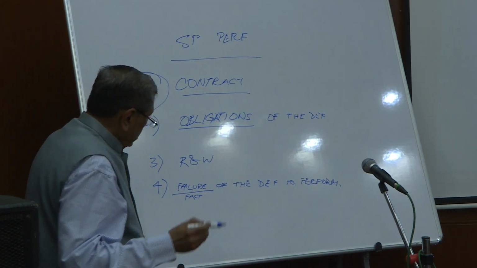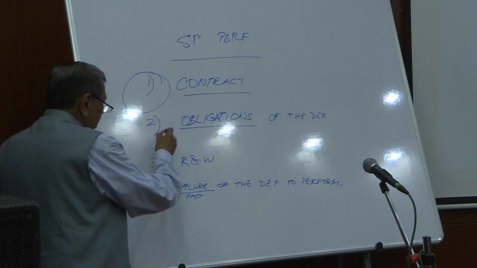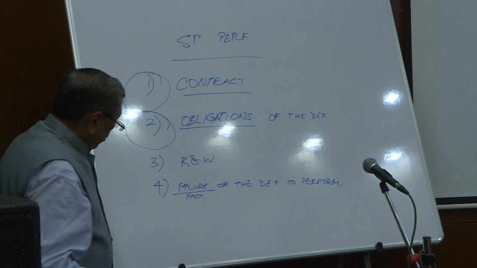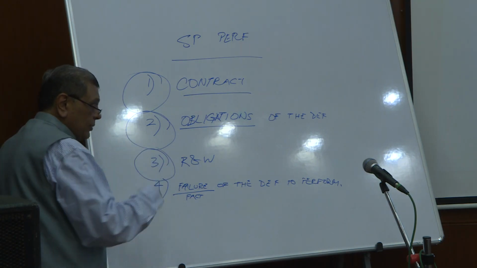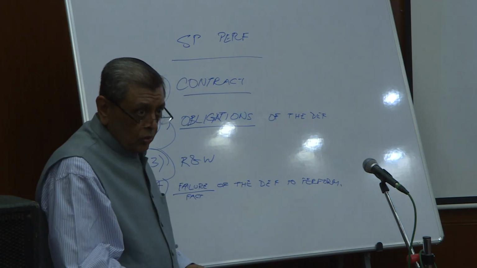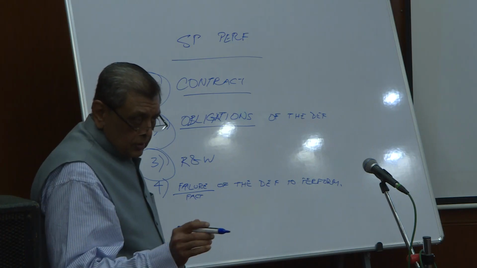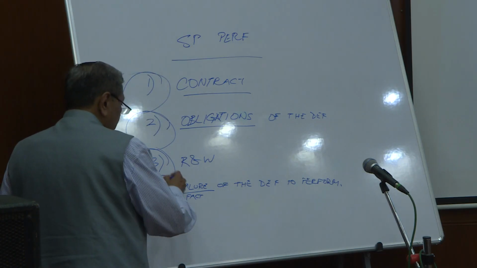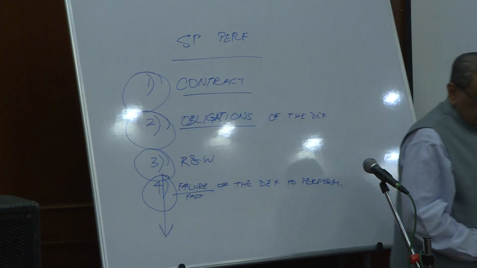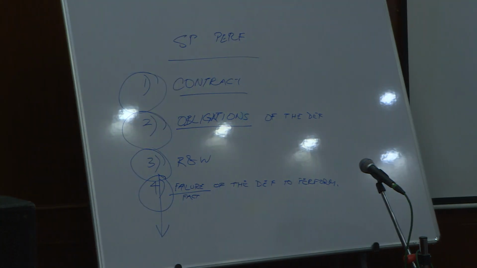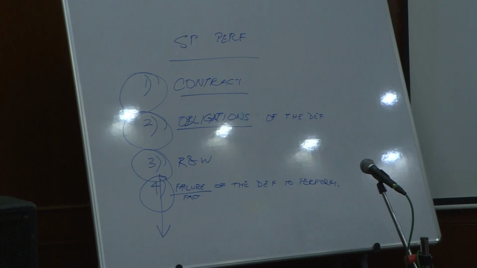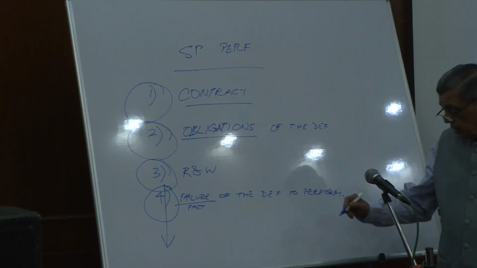Firstly, under which the defendant was obliged to do X, Y, and Z, and that although the plaintiff was at all times ready and willing to perform his obligations, the defendant failed to do so, as a result of which the plaintiff is entitled to the relief of specific performance. That's Order 7 Rule 1. And you'll have the date when the cause of action arose.